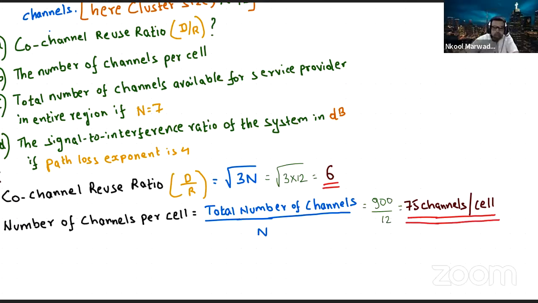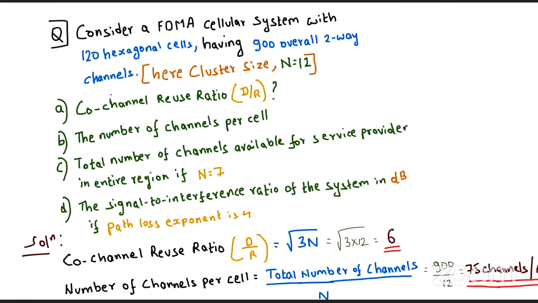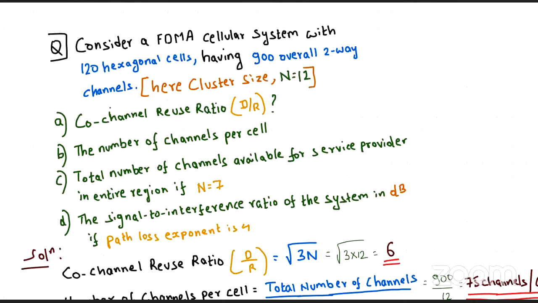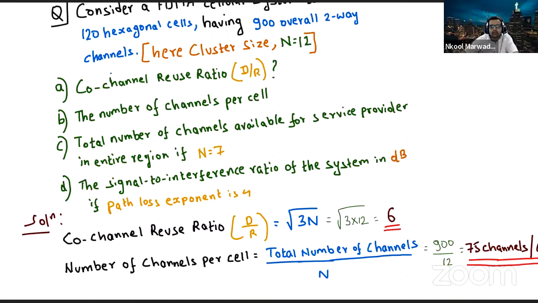Now, what is the C part? In the entire region, N is 7: total number of channels available for the service provider in the entire region if capital N is equal to 7. See, here the idea is this.